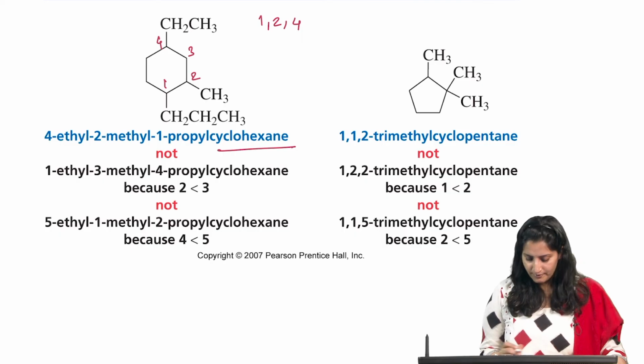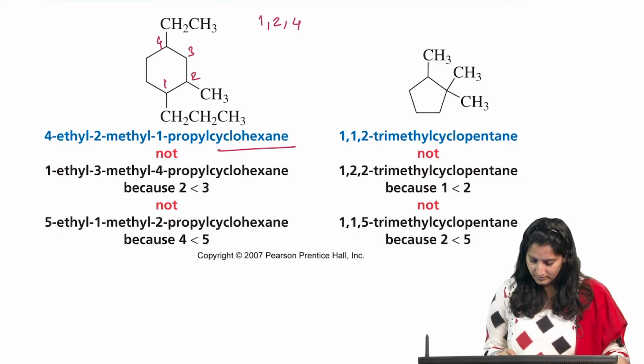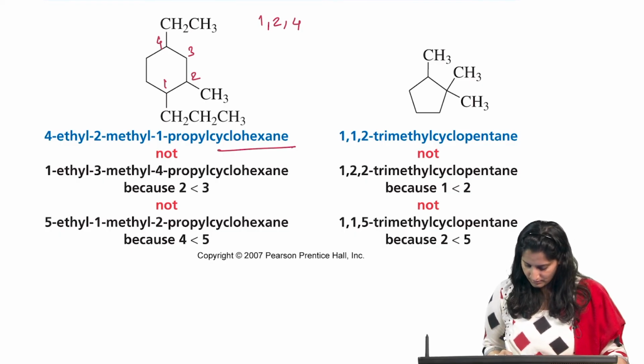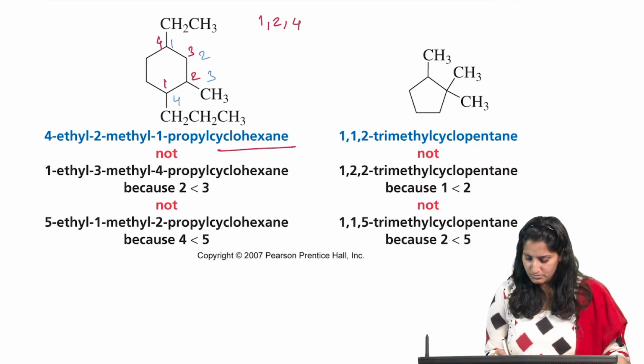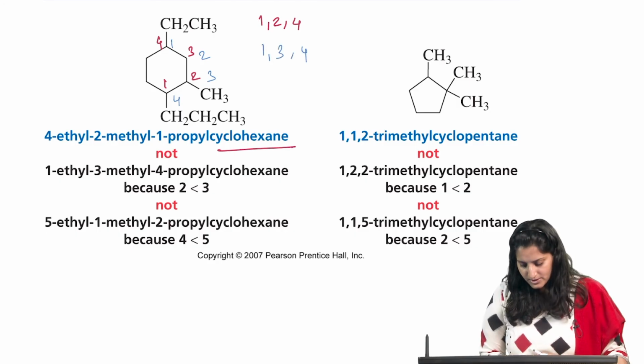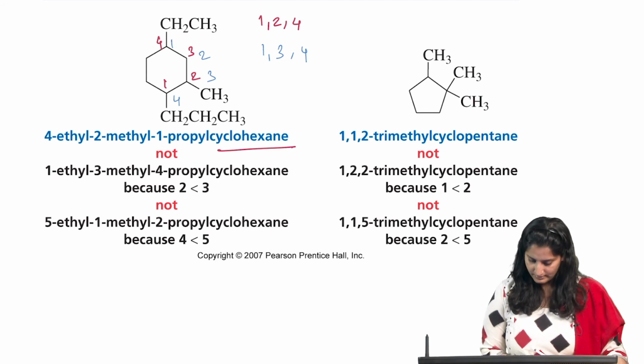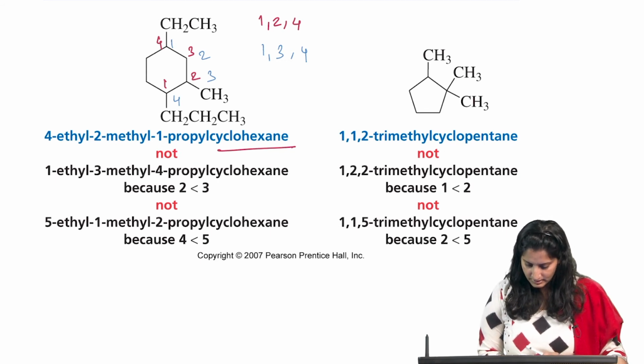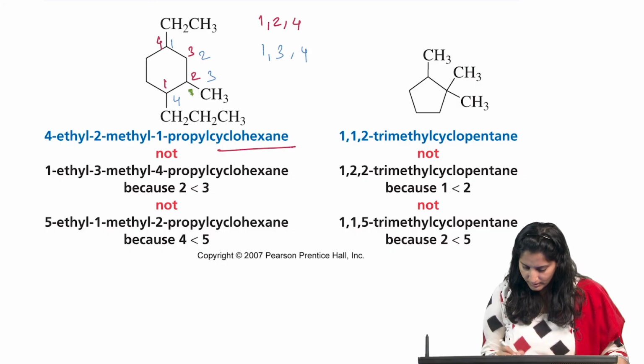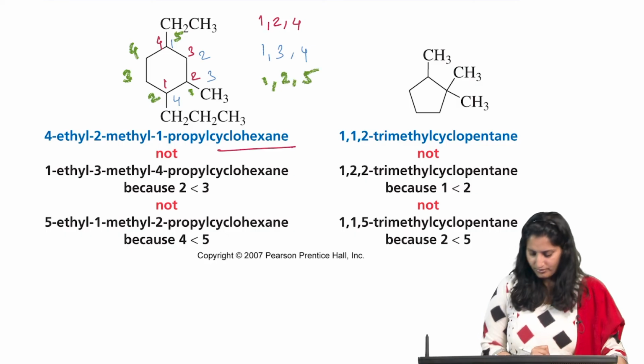If I start from here, I can go 1, 2, 3, 4. So, that gives me 1, 3, 4, the blue one, or if I choose the green one, I can start by numbering here 1, 2, 3, 4, 5. So, this will be 1, 2, 5, right.